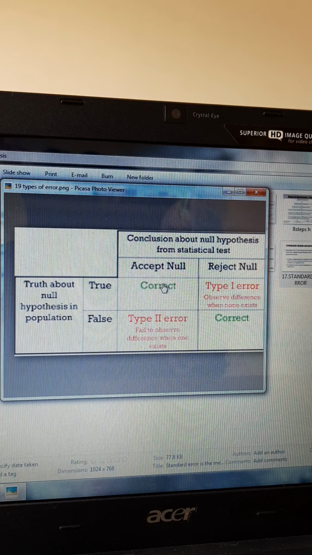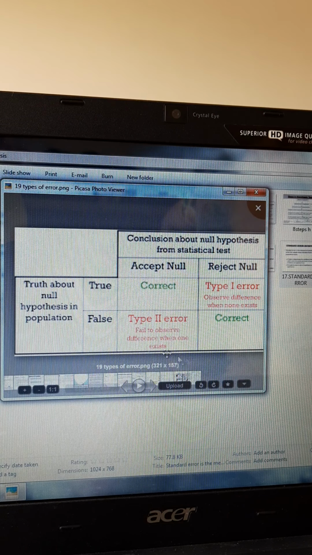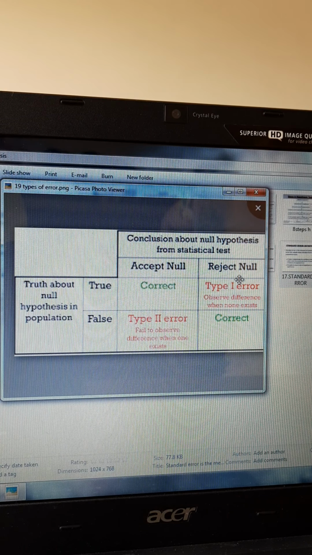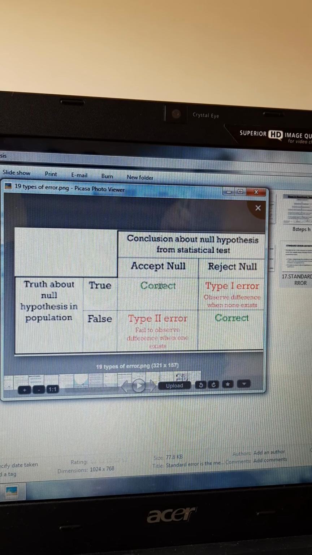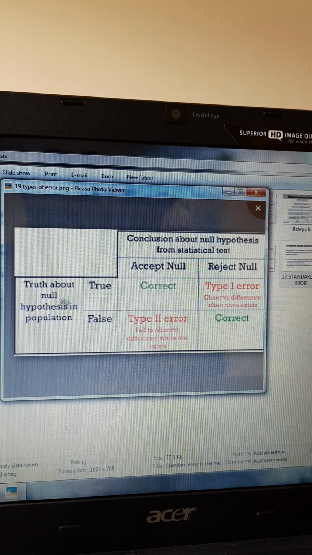what is type 1 and type 2? This is a very interesting thing. It's very easy, and in the last 3 years question papers, this question has come. What is type 1, type 2 error? Remember this diagram: truth about the null hypothesis.